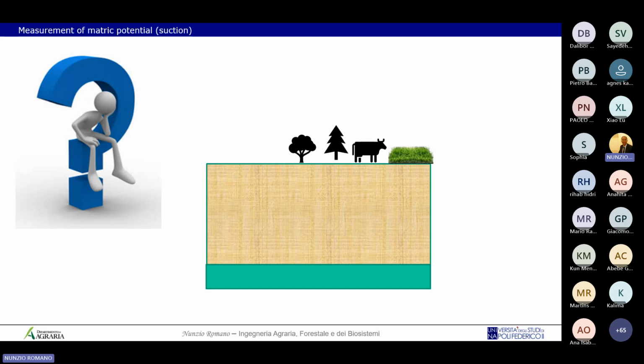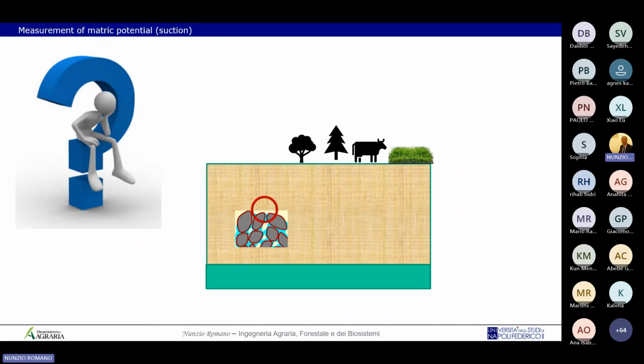We have land with trees, with animals and everything. And we have unsaturated soil. We have a soil that is not saturated, so not all the pores are full of water. This is the definition of unsaturated zone.